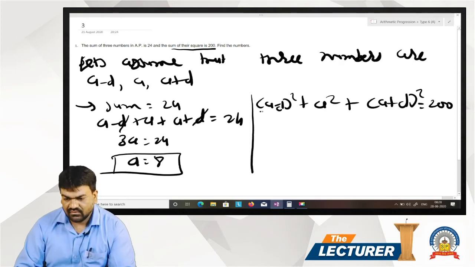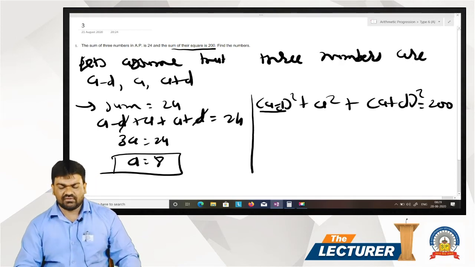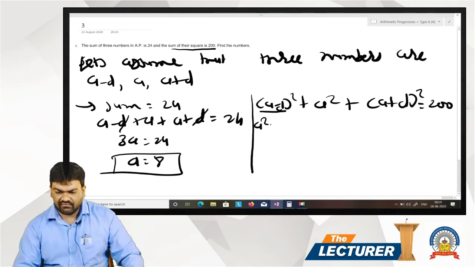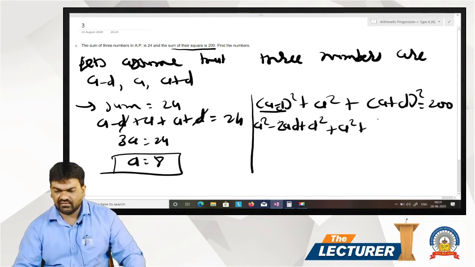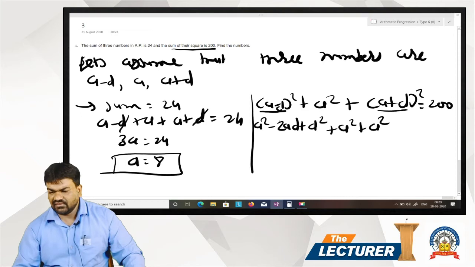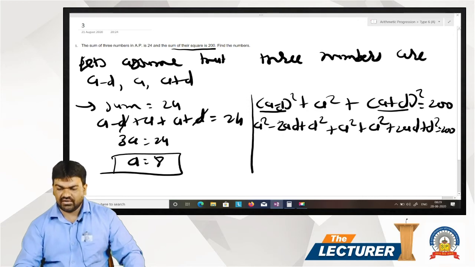This is a perfect square, so a square minus 2ad plus d square, plus a square, plus a square plus 2ad plus d square is equal to 200.